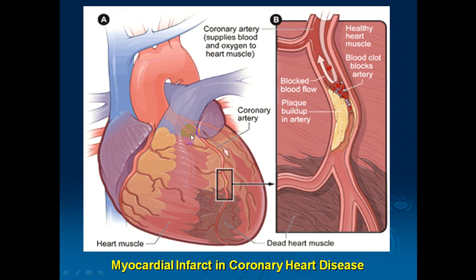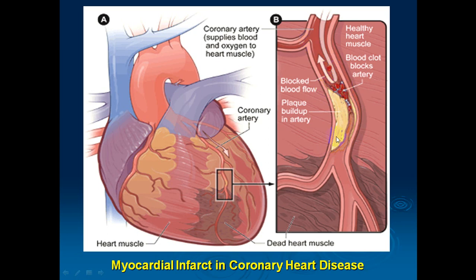Okay, this is coronary heart disease causing myocardial infarct. This is the coronary artery. The coronary artery is blocked by a build-up of fatty tissue. Fatty infiltration just under the endothelial cells will make a blockade in the blood flow.